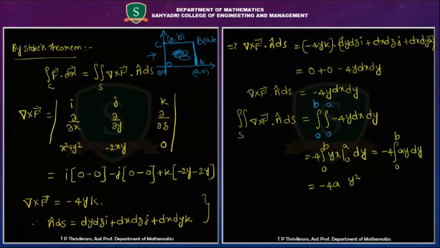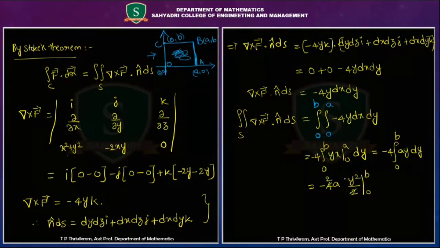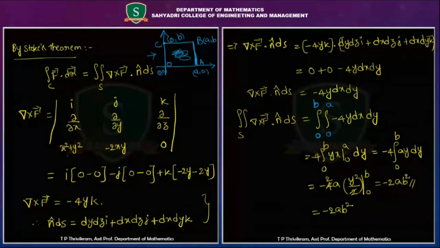This is y square by 2, having the limits from 0 to b. So here 2 ones, 2 twos, so minus 2a b square we will get. So finally the answer is minus 2a b square.